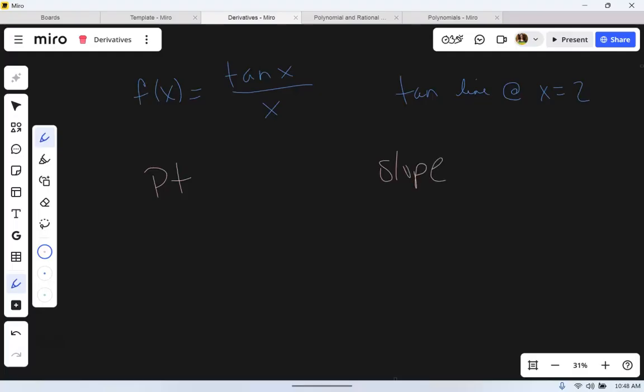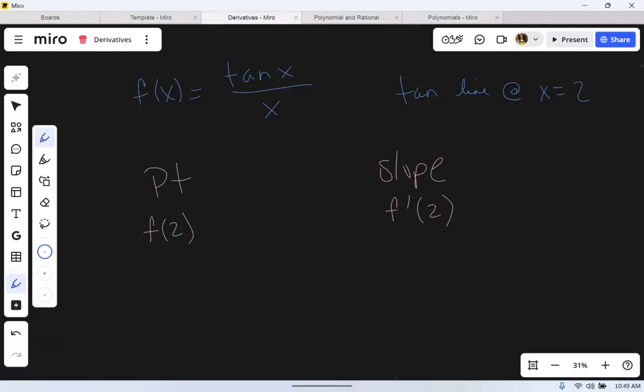How do I find the slope? This is the derivative at 2. How do I find the point? Plug in 2 to the original. So now I know what I need to do. I just have to find them.